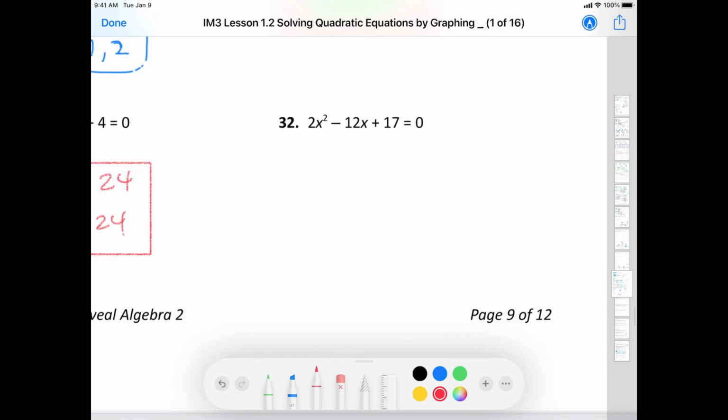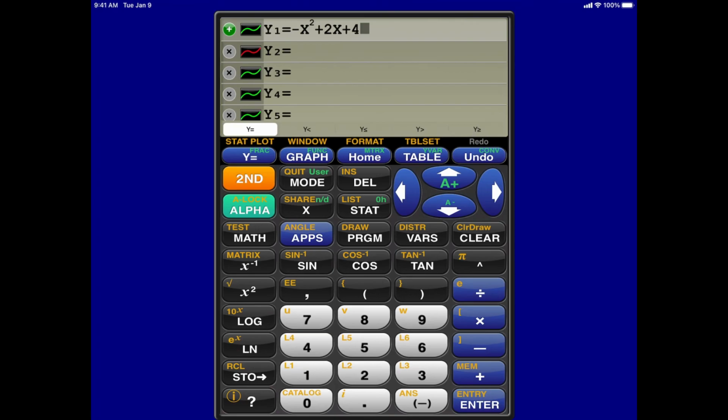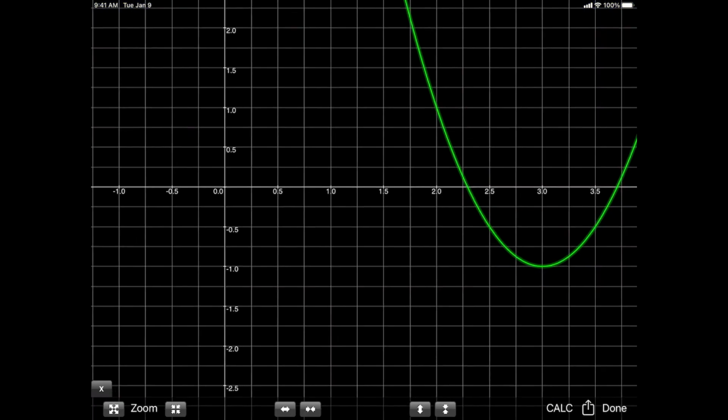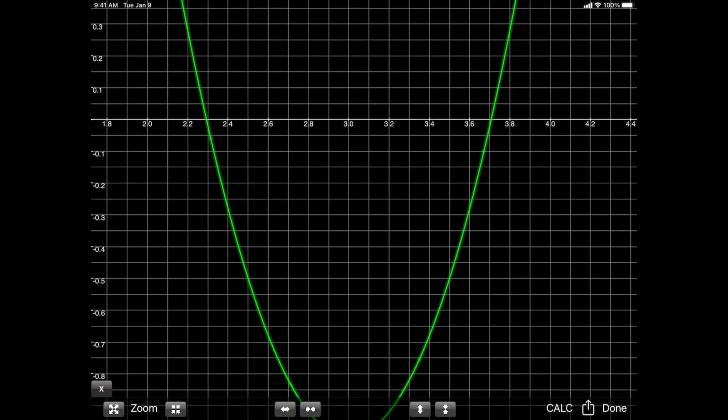And let's try number 32. Press Y equals, press clear. I'm going to press 2. Let's do my trick. x squared minus 12x plus 17. Graph it to give yourself a visual. This is awesome because it's really telling you where it's at. 2.3.